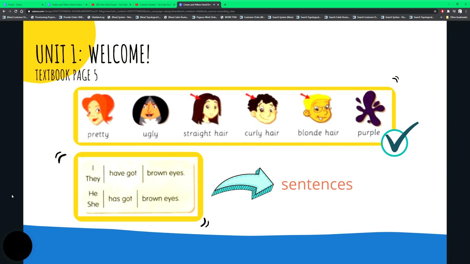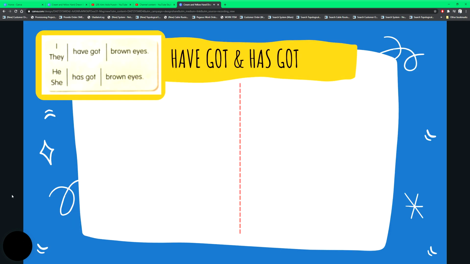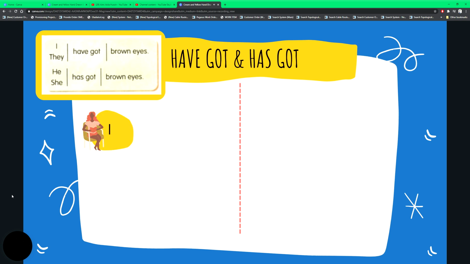You're going to use all these vocabularies to make sentences. So you have to know this to make sentences. So how are you going to use have got and has got?